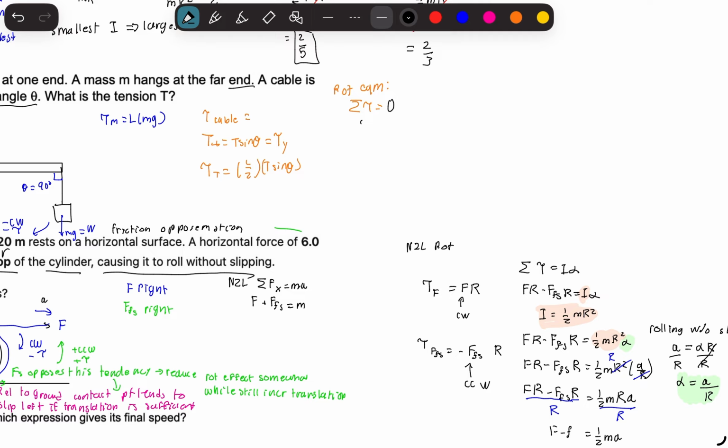Therefore, torque counterclockwise is equal to your torque clockwise.